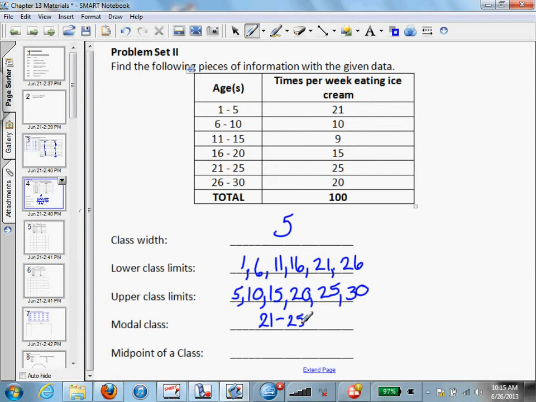Okay, midpoint of a class, all you have to do is just grab a single category and add the limits together. So you have 1-5, you say 1 plus 5 divided by 2, because the midpoint is saying halfway. So you add these together, you get 6 divided by 2, and you get 3. 3 is the midpoint of a class.